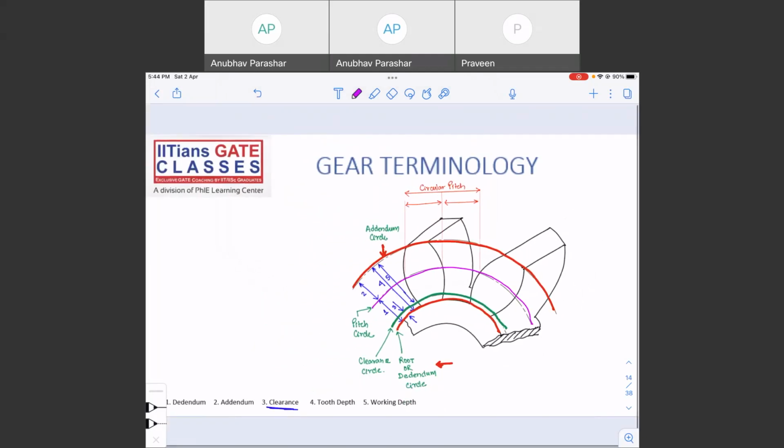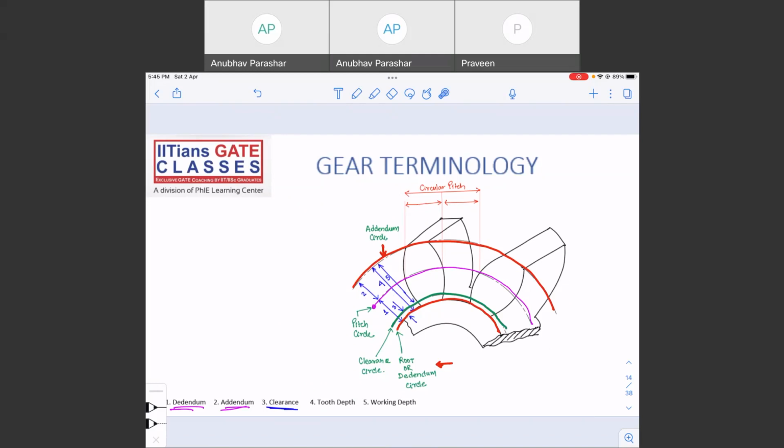The distance between the pitch circle and the dedendum circle is known as dedendum. The distance between the pitch circle and the addendum circle is known as addendum. The distance between the clearance circle and the dedendum circle is known as clearance.